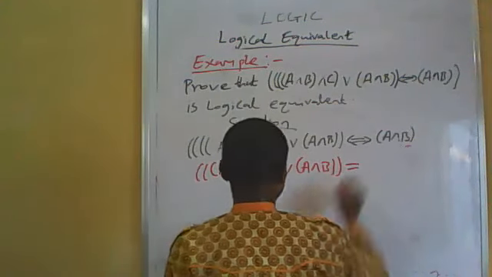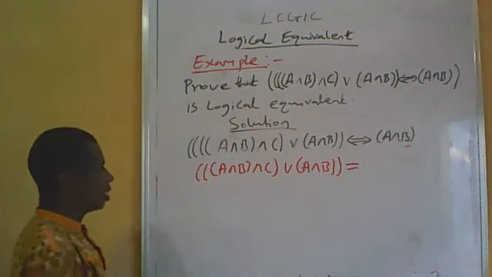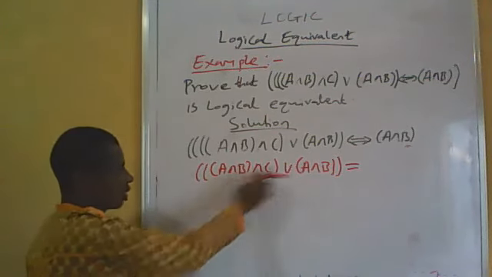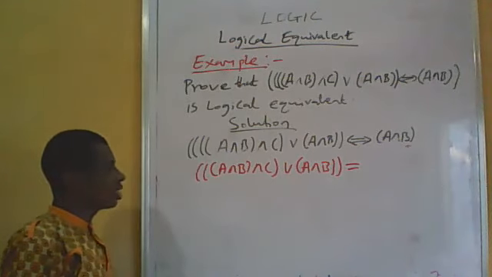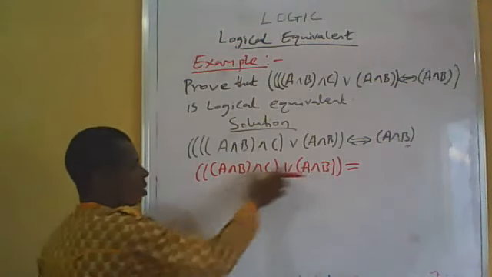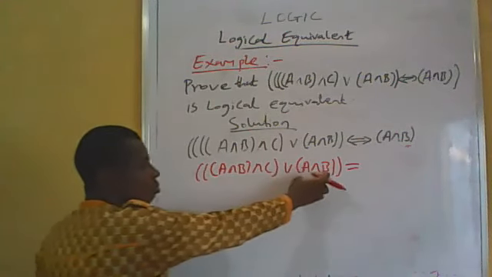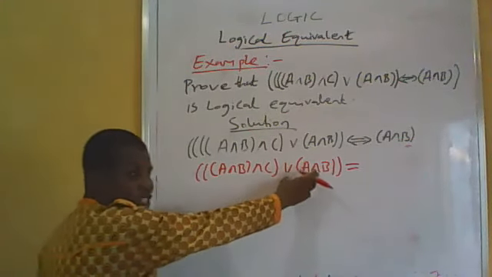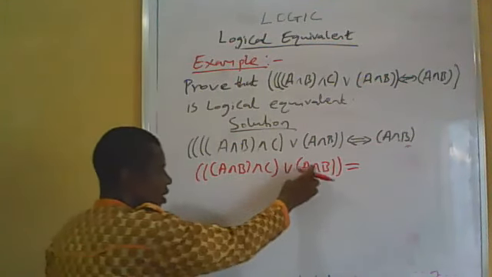This is equal to, now this is A and B, this is A and B. So they are the same. They are the same syntax and the same semantics. The same syntax and the same semantics, A and B and A and B.